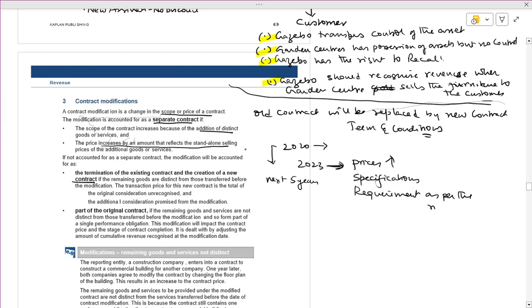Then definitely we have to think of the original consideration unrecognized, and the transaction price for this new contract is the total of the original consideration recognized and any additional consideration promised from the modification. Means definitely there will be a change in the transaction price.